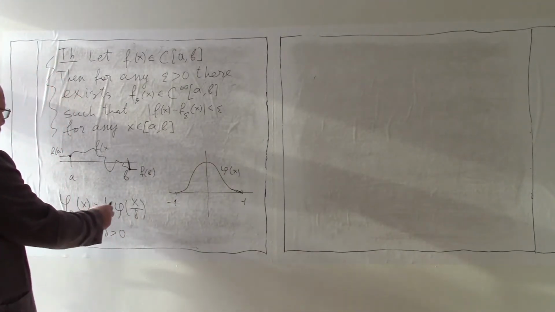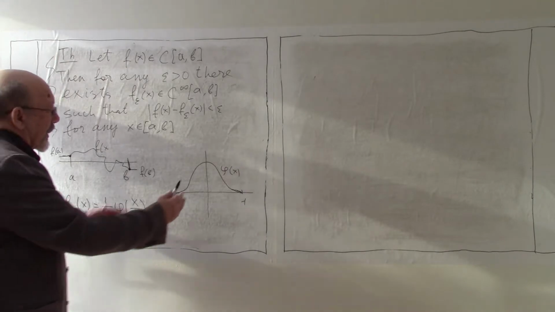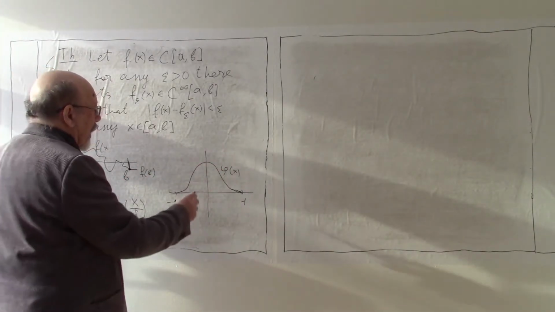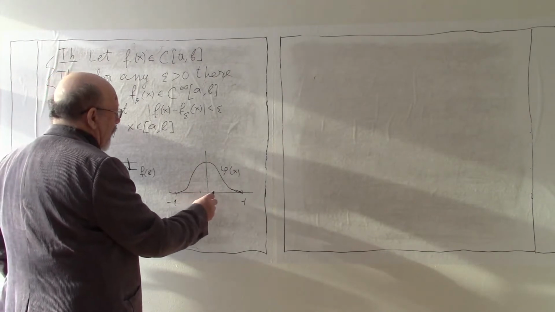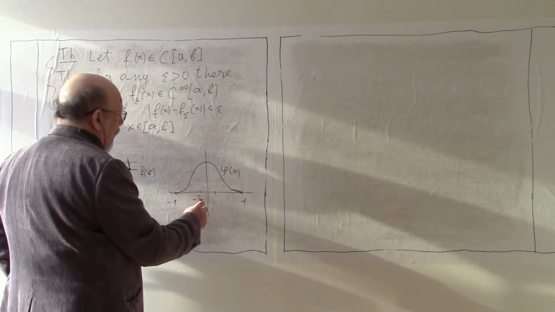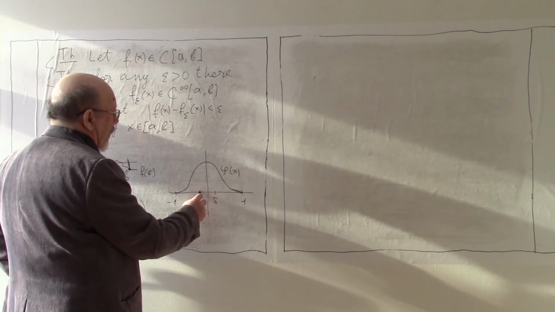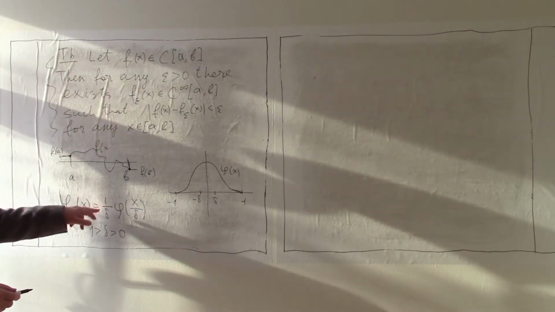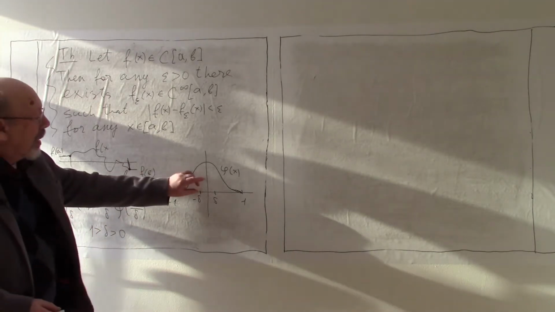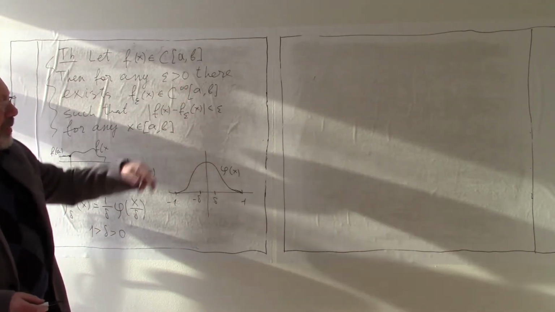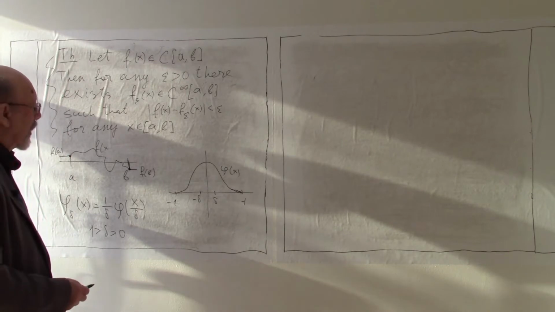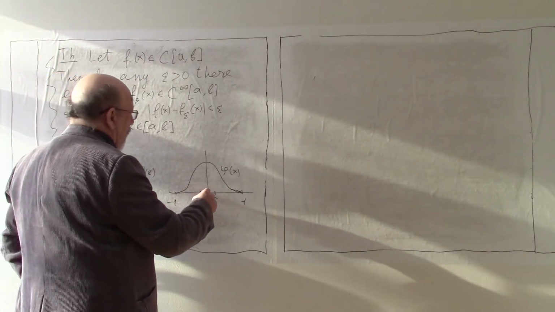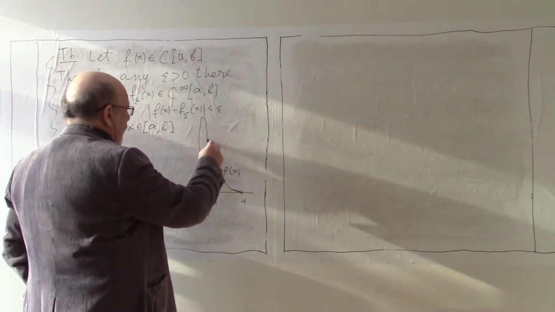Now, this phi of x over delta, so we compress this function so that it is 0 outside the segment minus delta to delta, and we expand it in the vertical direction in the same proportion. So this function will be like this.